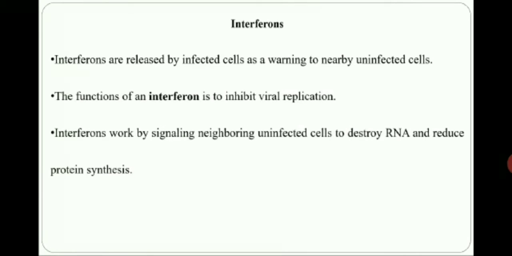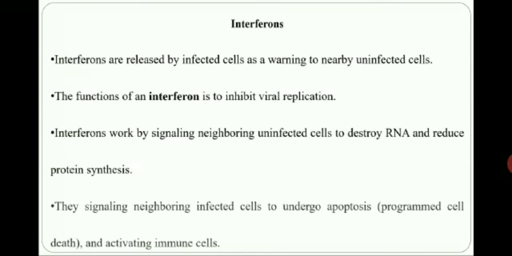They provide the signal to uninfected cells to destroy the RNA and reduce protein synthesis. In addition to signaling neighboring cells, the infected cells also undergo apoptosis, or programmed cell death, and help in the activation of the immune cells.